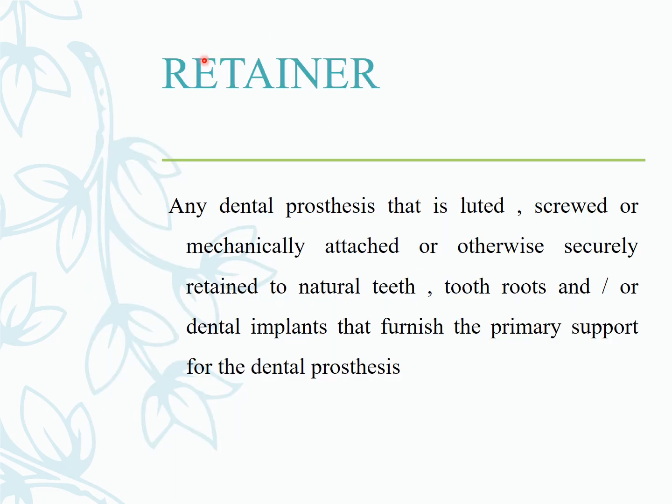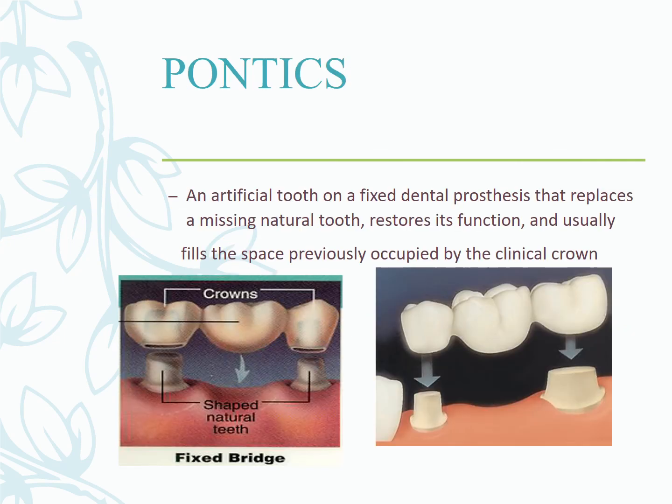Okay, coming to a retainer. So any dental prosthesis that is luted, screwed, or mechanically attached or otherwise securely retained to natural tooth, root, or dental implant that furnishes the primary support of a dental prosthesis. And pontics.